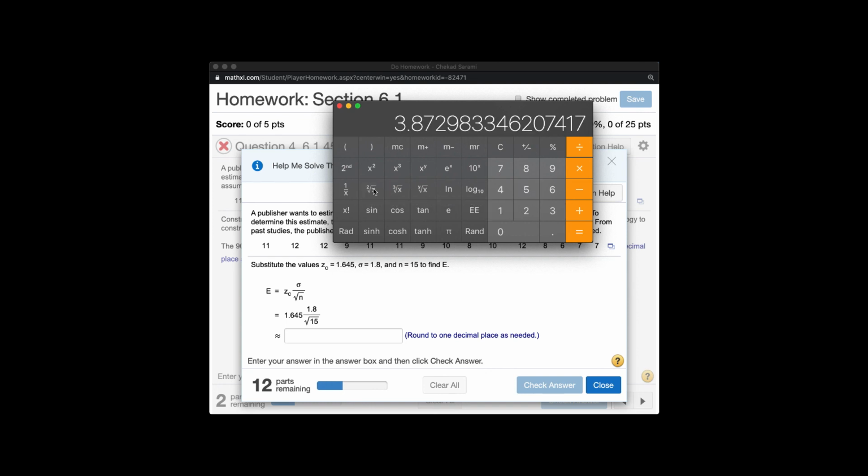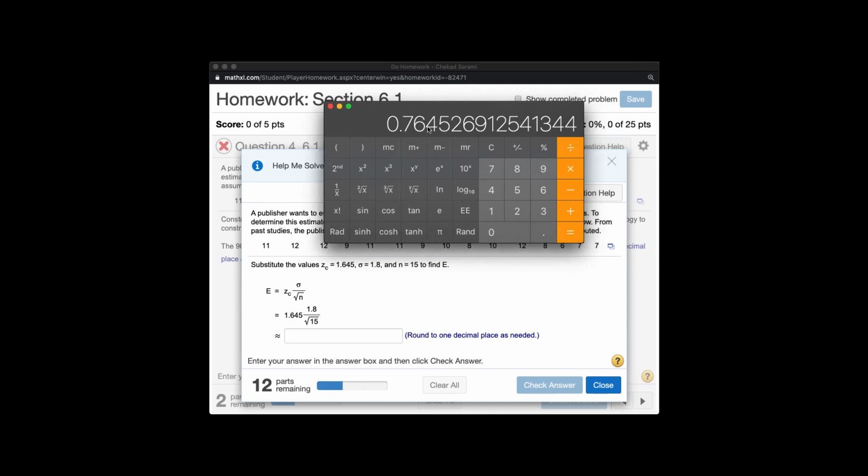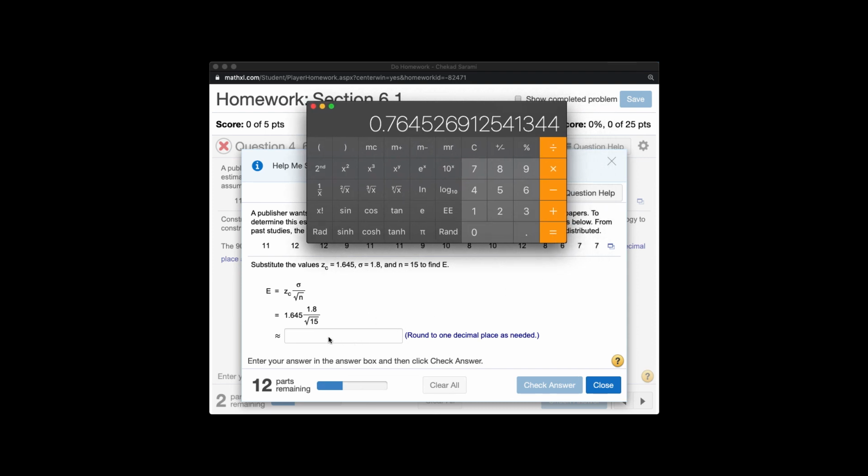I hope this is correct, but we'll see. 0.76, which rounds to 0.8 at 1 decimal place.